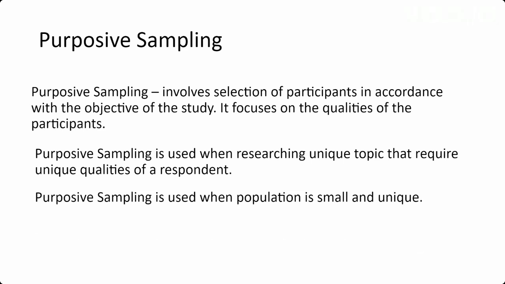And purposive sampling is used when the population is small and the topic is unique. So those are the key things you need to look at. Is my topic small? Is my population small? And is my topic unique?